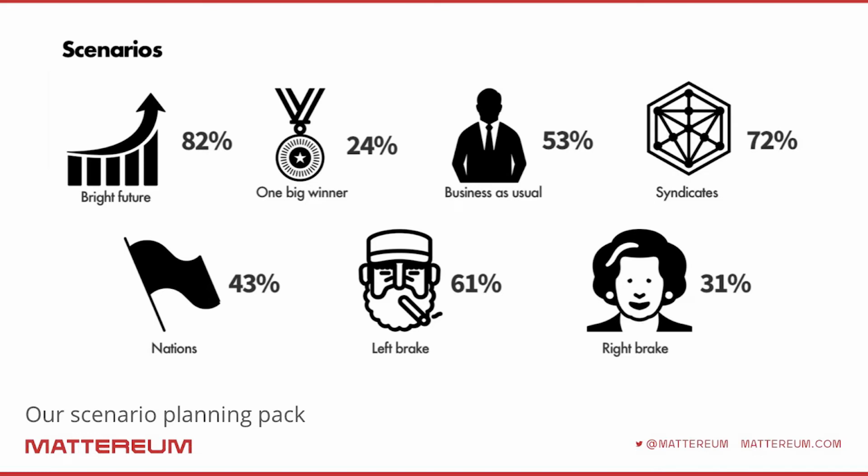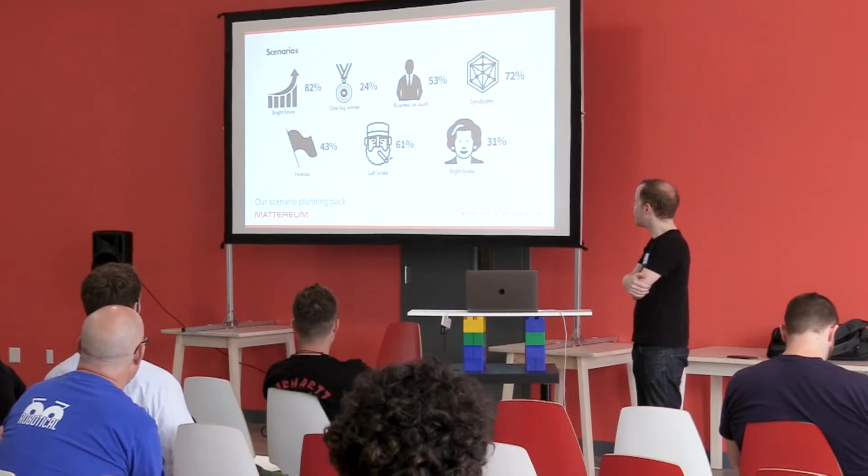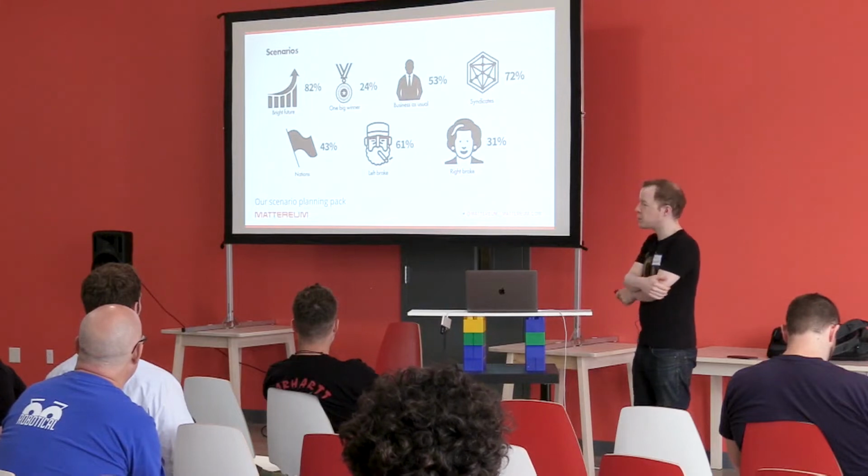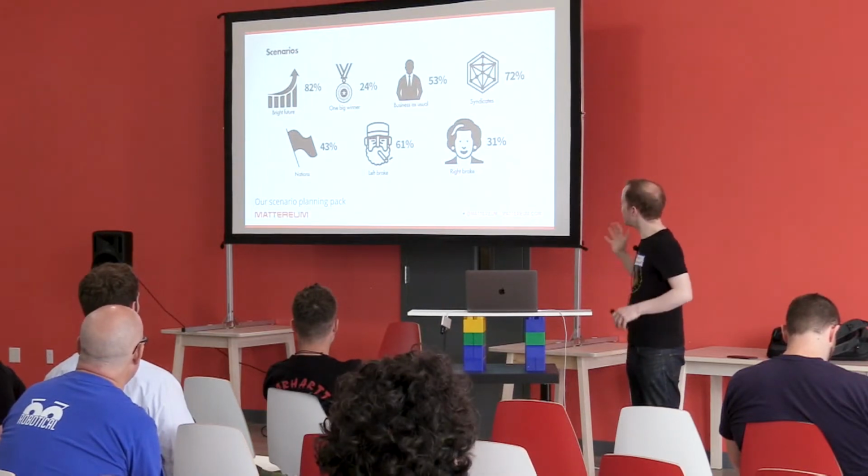What we've done at Mattereum is we've created a scenario planning pack. So we basically generated 7 different scenarios for how we think the future is going to go or might go, specifically with relation to blockchain technology. And what I've just described is kind of like the syndicate model.